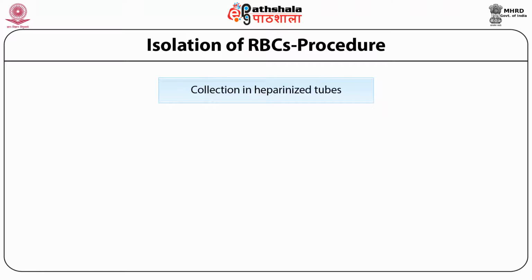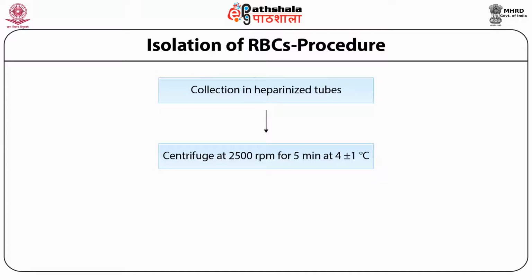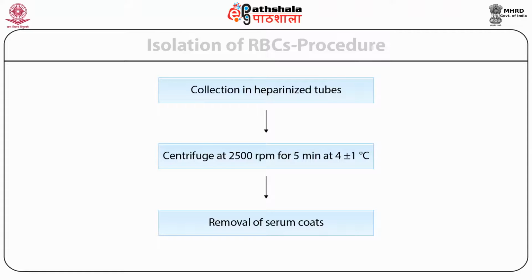The whole blood is centrifuged at 2500 rpm for 5 minutes at 4 degrees Celsius in a refrigerated centrifuge. The serum coats are carefully removed.